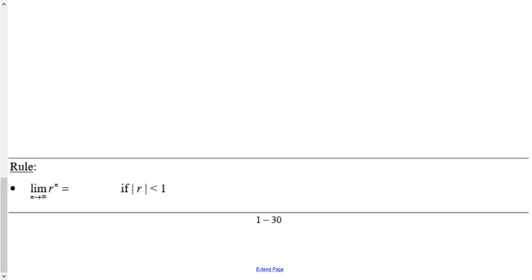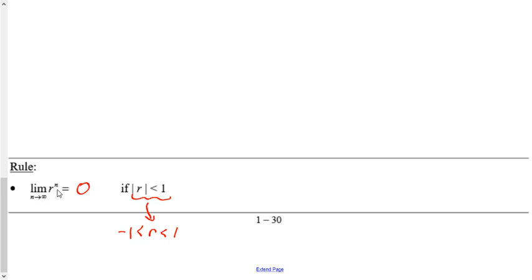If I have r to the exponent n and my exponent is approaching infinity, then as long as the size of my r value is less than 1, which is the same thing as saying that my r value is less than 1 and greater than negative 1, so it's in between negative 1 and positive 1, then the limit of r to the n will be 0.